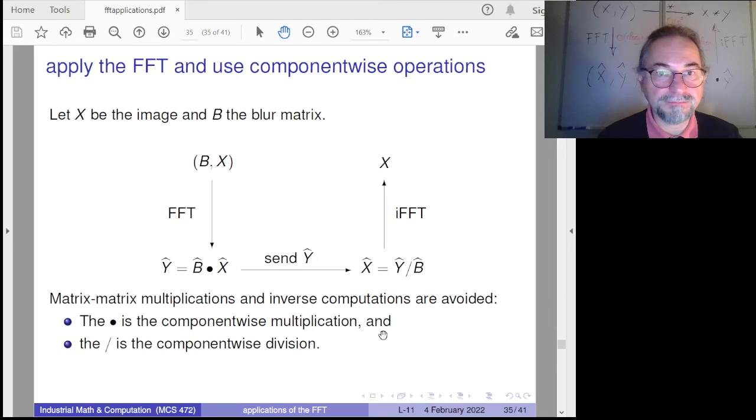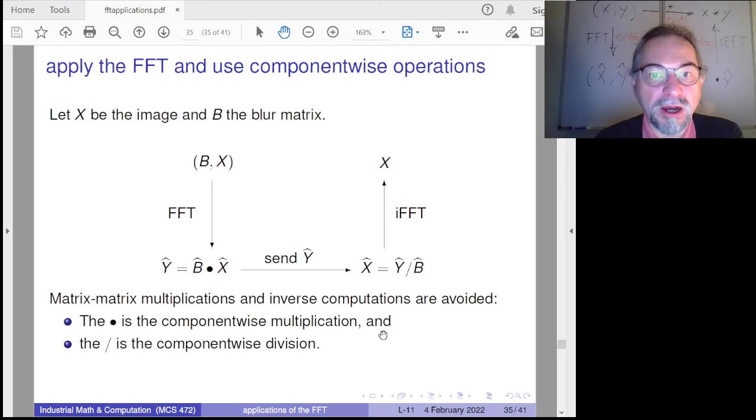Okay, here is the point. So this is a lecture on applications of the fast Fourier transform. So we will not do the matrix multiplication and not do the inverse. We will do everything with component-wise multiplications and component-wise divisions.